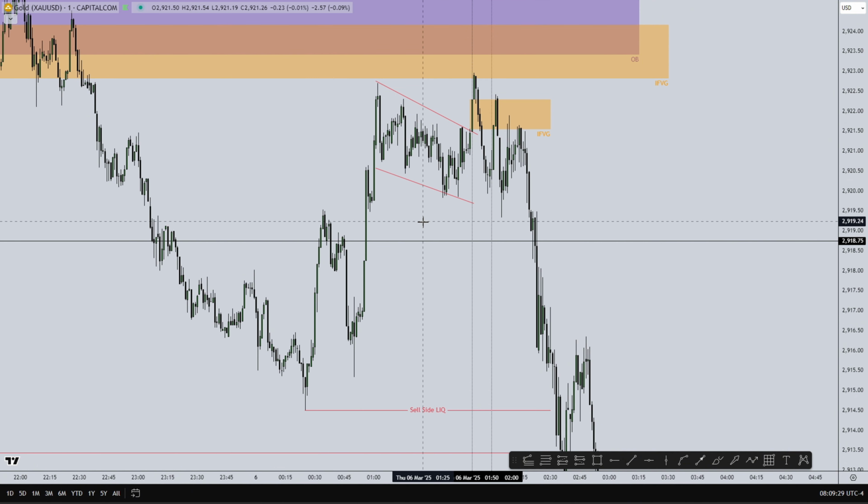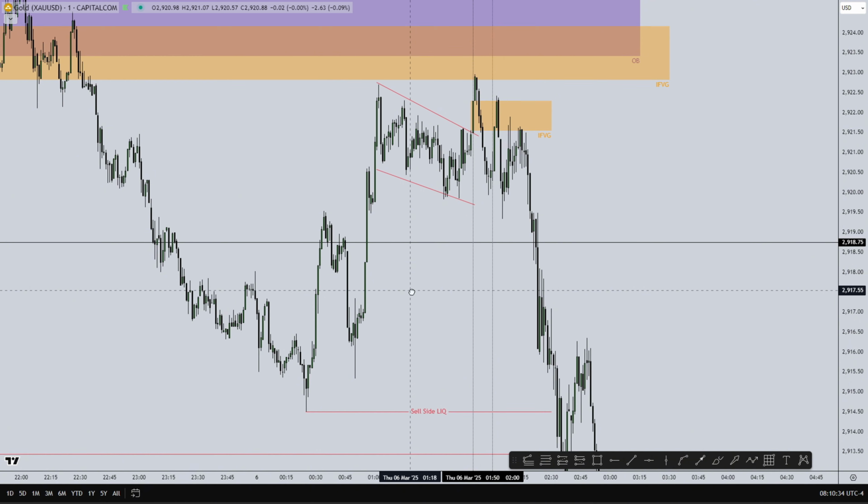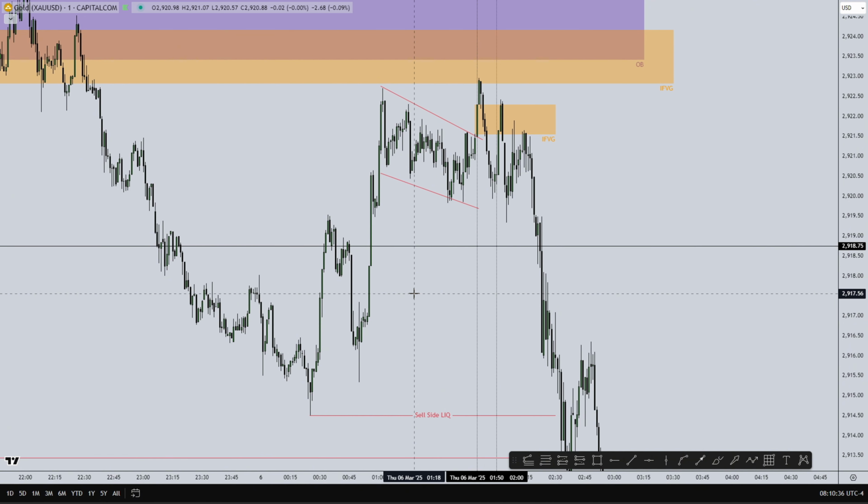When you see the market forming a jagged movement, you need to analyze whether there has been a clear market structure shift after the market has taken the sell side liquidity or the buy side.